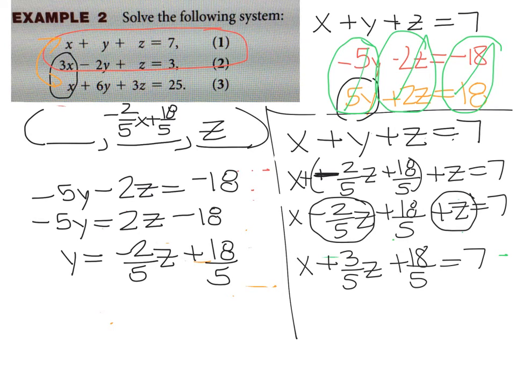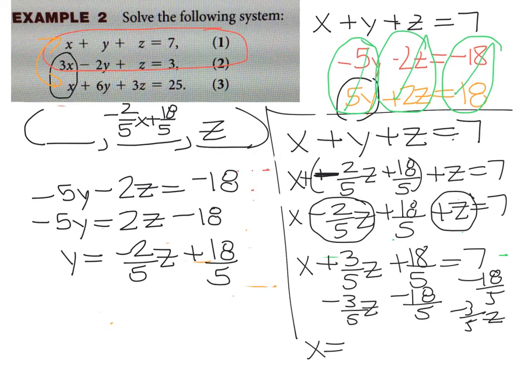So I need to subtract the 18/5 to the other side. I also need to subtract the 3/5 z to the other side. And this will leave you with your expression of x. x equals negative 3/5 z plus, use your calculator to add 7 minus 18/5, 17/5. And that will be the first term in my ordered triple.